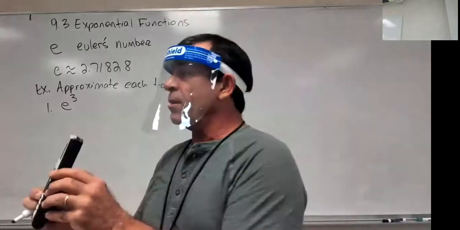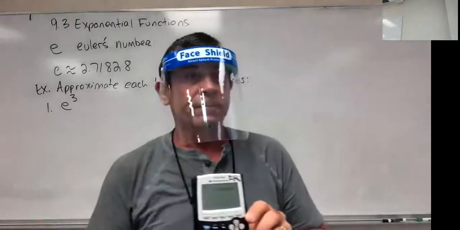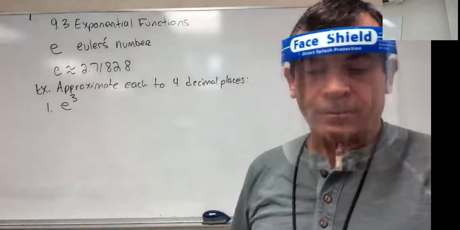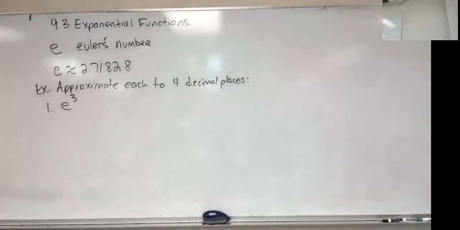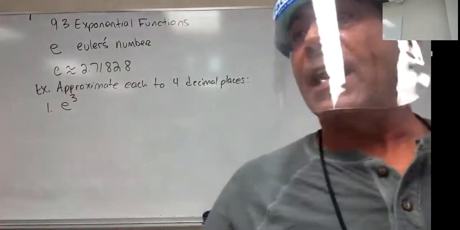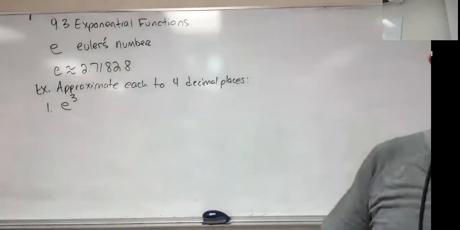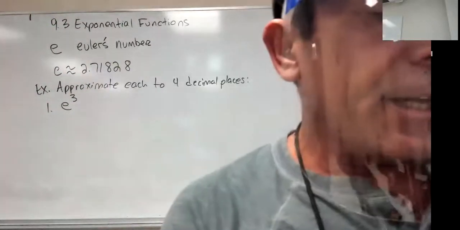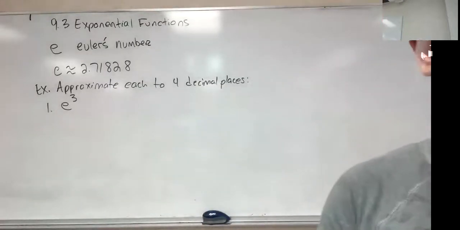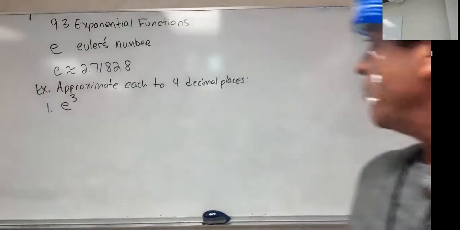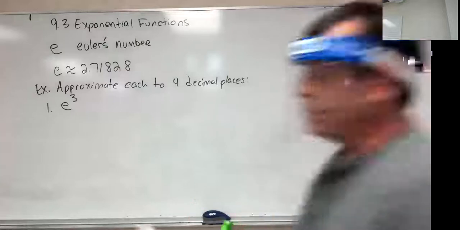It's right above the LN key on the calculator. When you hit that button, it'll pull the E on the screen with the exponent ready. So if I want to know E to the third, I would hit second LN and then punch in my 3. And we're rounding this to 4 decimal places.